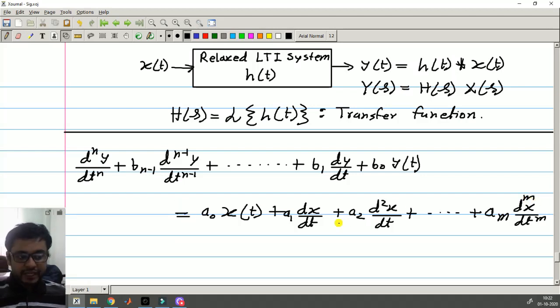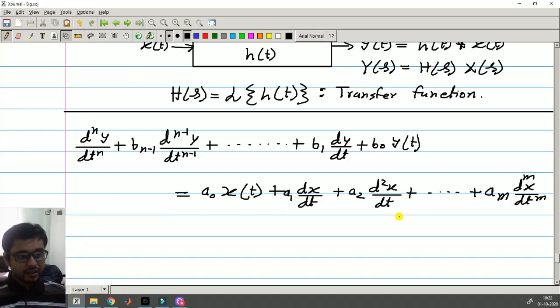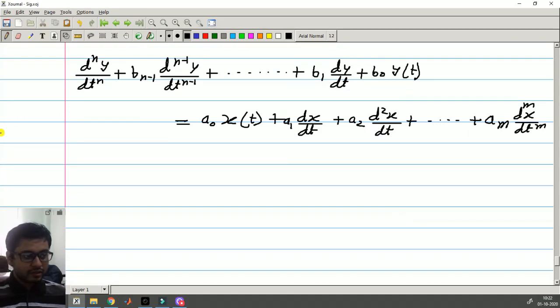This is a bit more generalization of the linear ODE we have studied earlier. Now you can easily show that this equation also represents an LTI system. Okay, now we want to find the transfer function of this system.